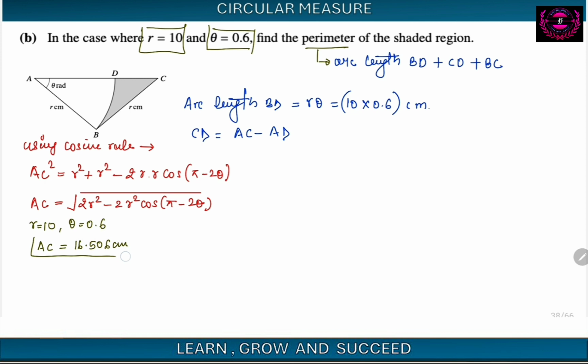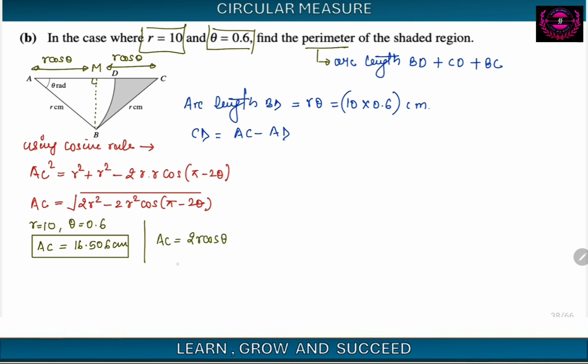You can also calculate length of AC using this method. Let's say this is M and BM is perpendicular to AC. So I know AM is R cos theta, and this is also R cos theta. So AC is 2R cos theta. So I think this is easier one.